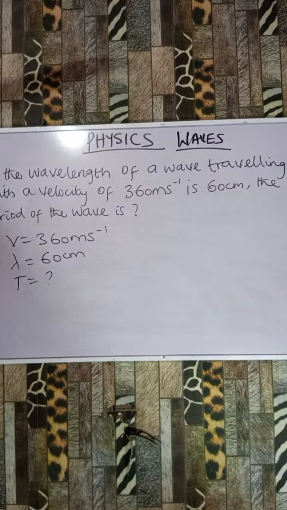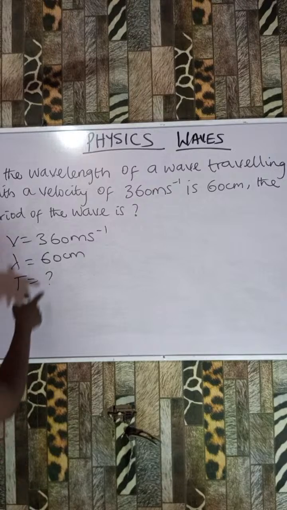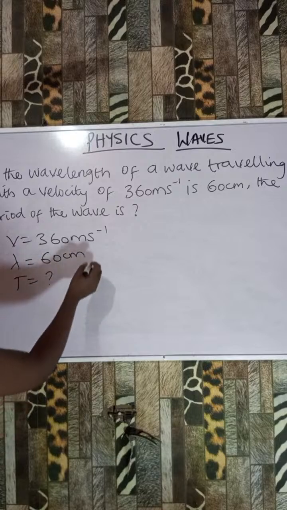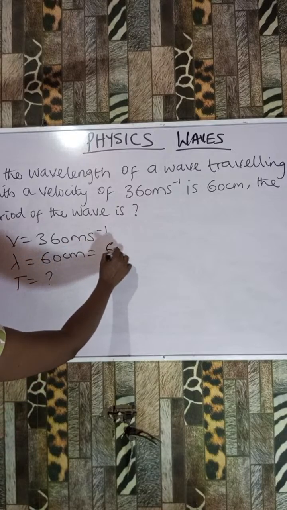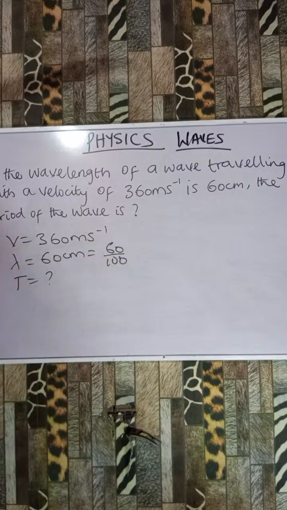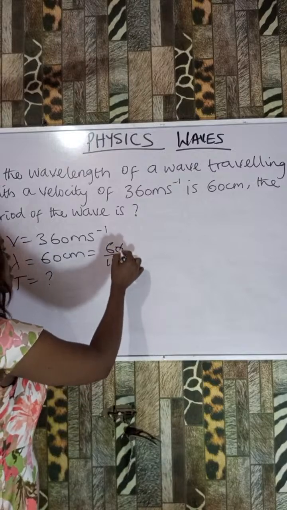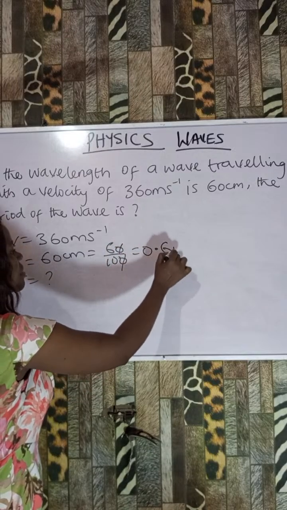Now, what do we do? We must convert this to meters by saying that this is 60 over 100, because to convert centimeter to meter, divide by 100. So we cancel this. We have 0.6 meters.